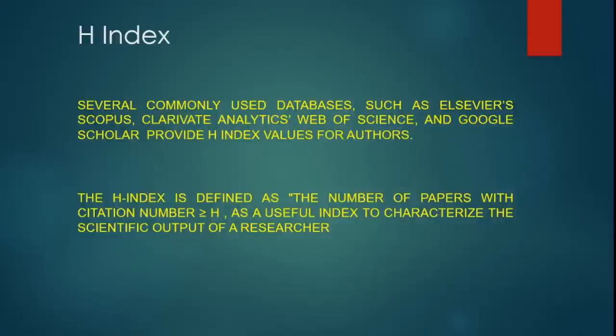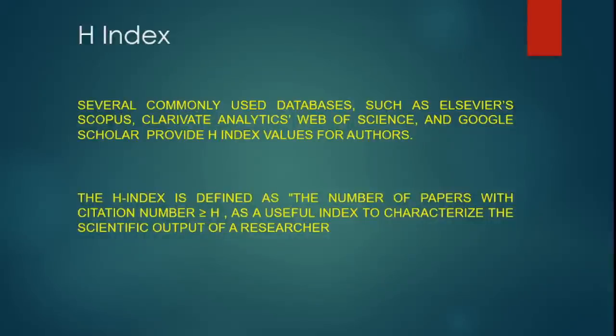The h-index is calculated by different databases: Elsevier's Scopus, Clarivate Analytics' Web of Science, and Google Scholar. Google Scholar also provides the i10 index that we discussed in the last video.